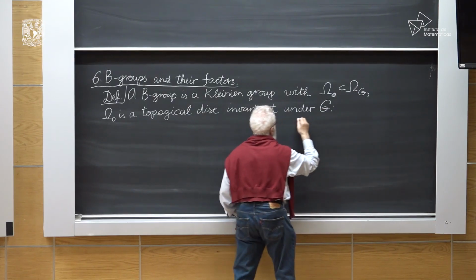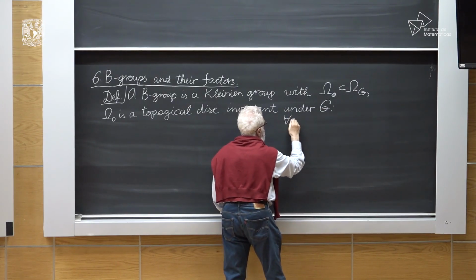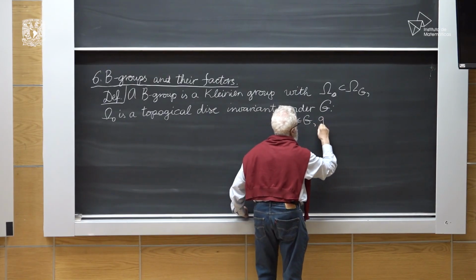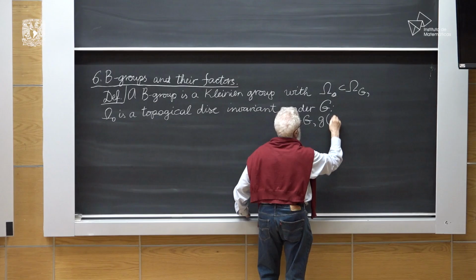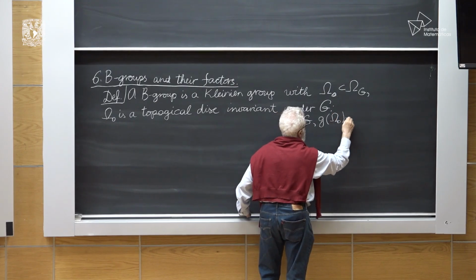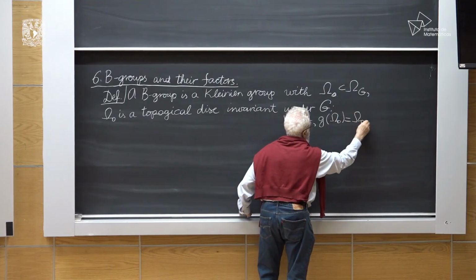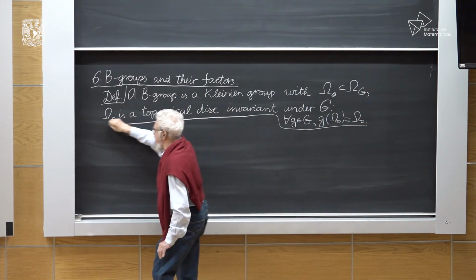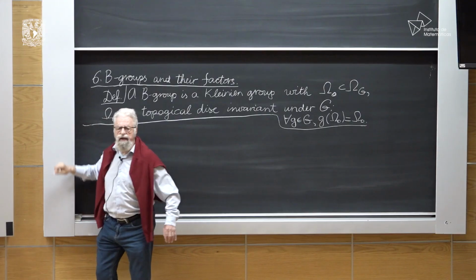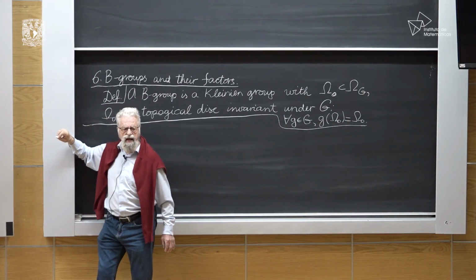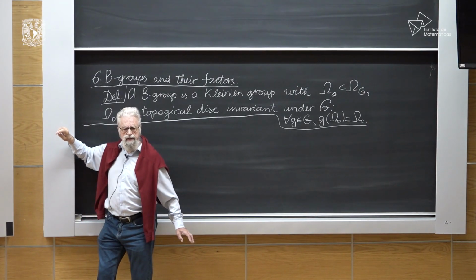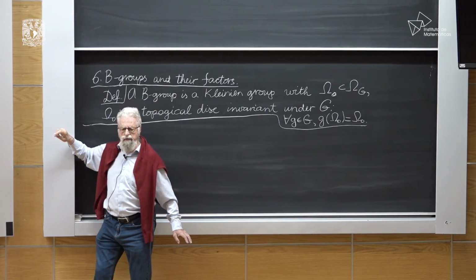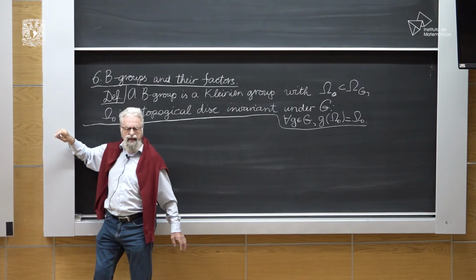So for any element g of G, g of omega 0 equals omega 0. Fuchsian and quasi-Fuchsian groups are examples of B groups. B groups are named in honor of Bers, who discovered them.